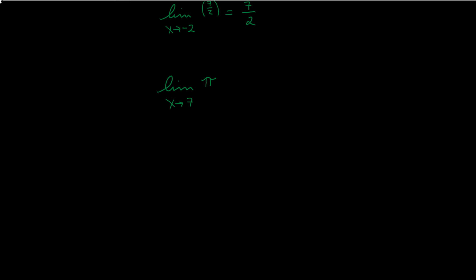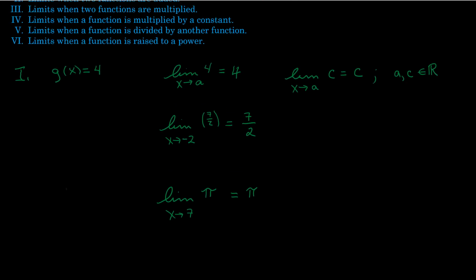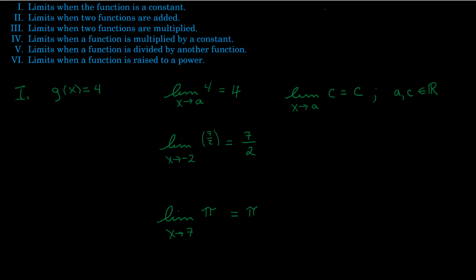If we graph this function, it's going to be a horizontal line. And that horizontal line is going to cross the y-axis at the value pi. So regardless what value we substitute in for x, we will always get back pi. So this first one, the thing to be mindful of is the value that we have for the function.